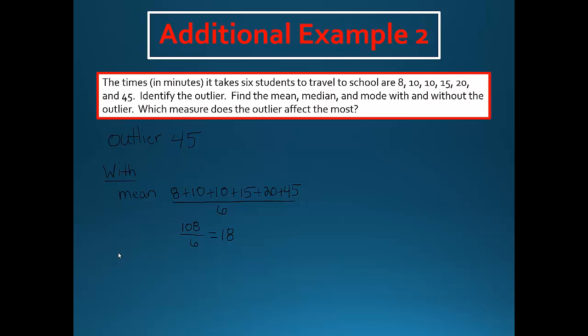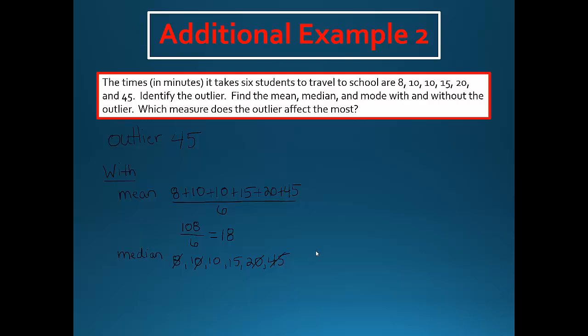Now we're going to find the median. So we're going to put our numbers in order from least to greatest, and in the problem they're actually already in order. So our numbers in order are 8, 10, 10, 15, 20, and 45. We can cross off a number on each end, so 8 and 45 can be crossed off, 10 and 20 can be crossed off, and now we have 2 middle numbers.